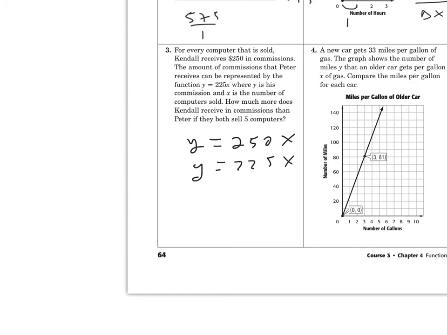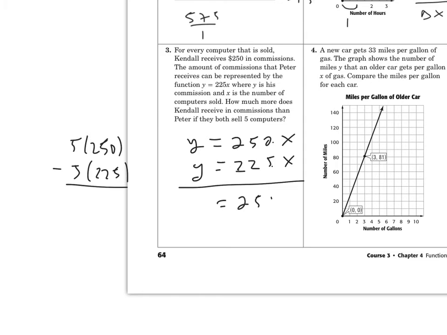There are two ways of doing it. You can say 5 times 250, and then subtract 5 times 225, equals, right? Or an easier way of doing it is to say that the difference between 250 and 225 is $25 per computer.